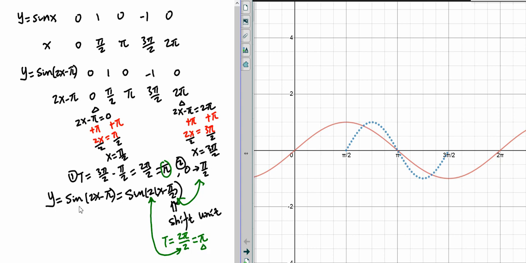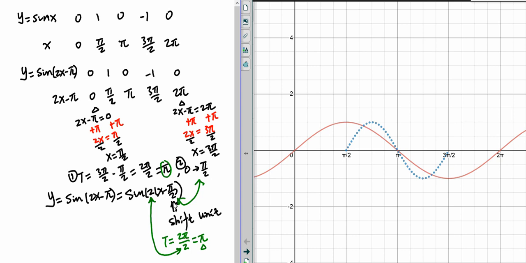So in order to make the connection between the given function and this one, we pull the 2 out, and then inside is going to be x minus pi over 2, because you distribute the 2 to the 2 quantities inside the parentheses. 2 times x is 2x, 2 times negative pi over 2 is negative pi. So you can change this one to this one.